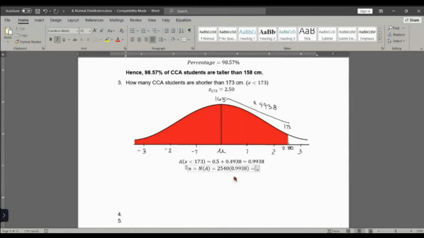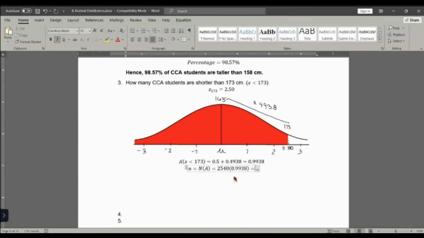Now, I have another instruction here. If we are dealing with people, we have to round up our value. Round up means no matter how small or large your decimal point, we'll always consider the next whole number.